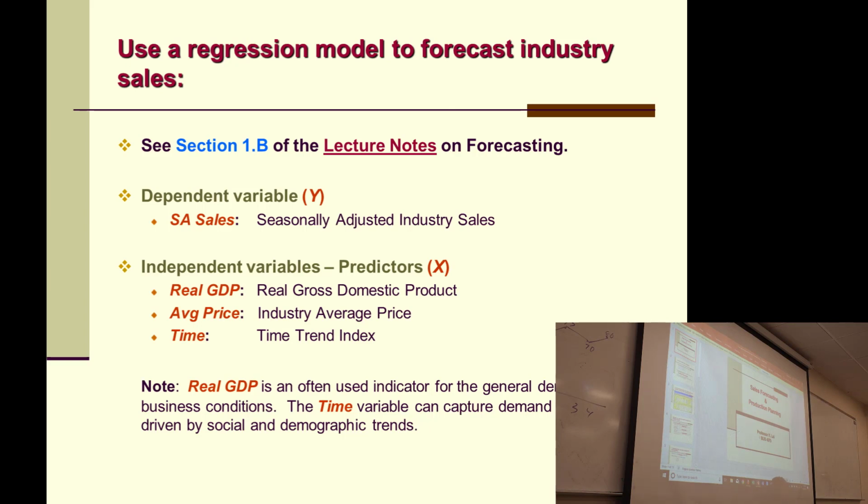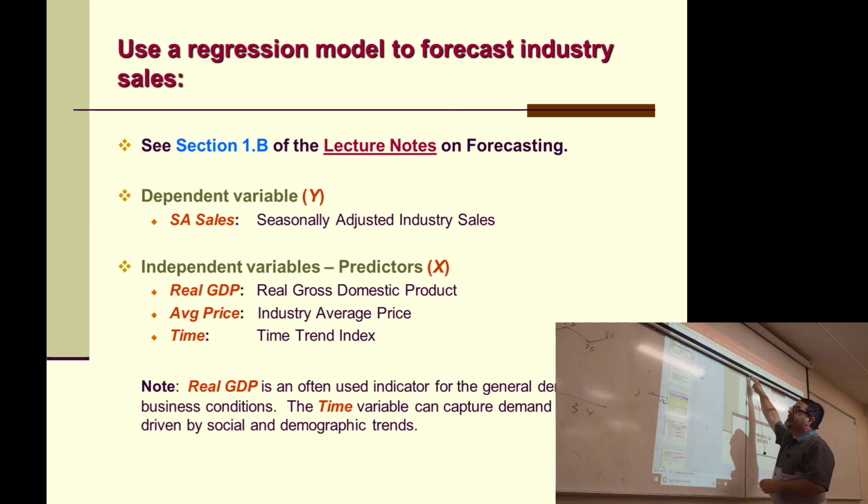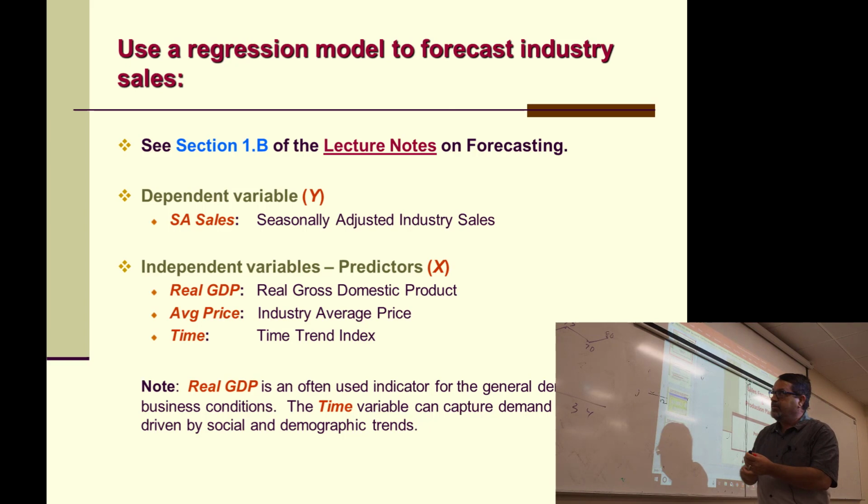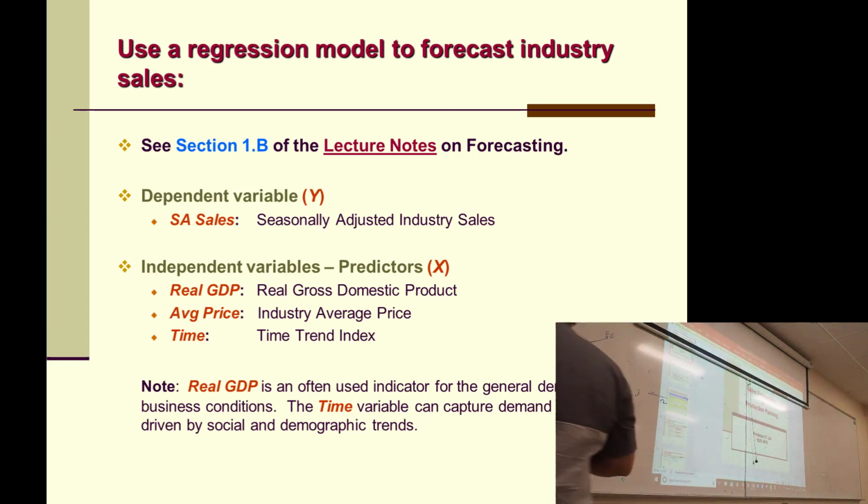So if your price goes up, would your sales go up or down? Down, right? So let me get rid of this for a second. It's kind of in the way. What if I just look at these numbers here?